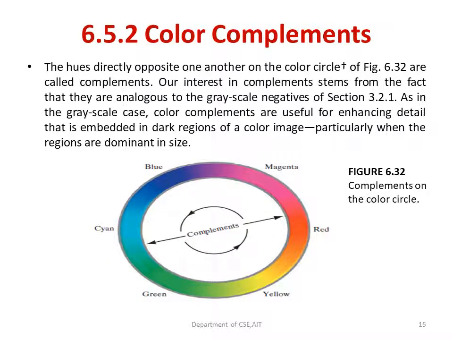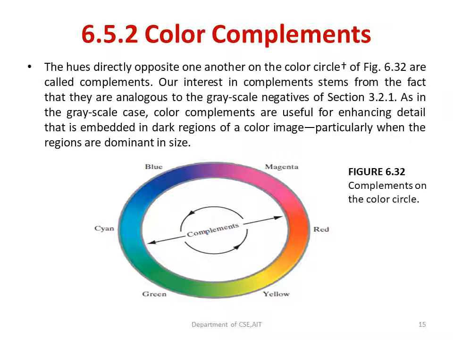This picture shows the color complements on the color circle. The hues which are directly opposite to one another on the color circle are called complements. You can see here that cyan is the complement of red, green is the complement of magenta, and blue is the complement of yellow. What we have to observe is that the grayscale negatives we discussed previously are the same as these color complements.